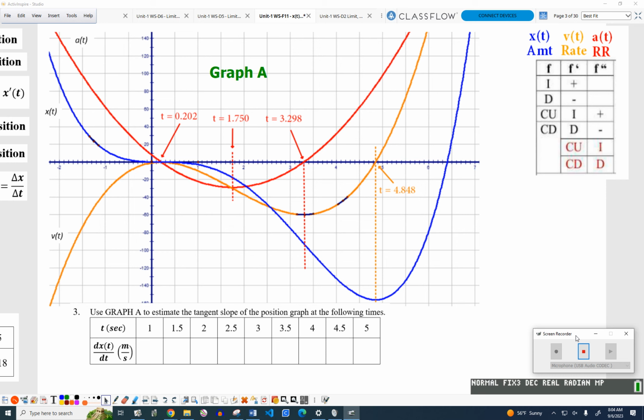So if we go to the orange graph, like right here, I think we did a little bit of this last time, and you find the slope of the orange right here, that slope is 0. That's why this point on the red graph has a y value of 0. Good.